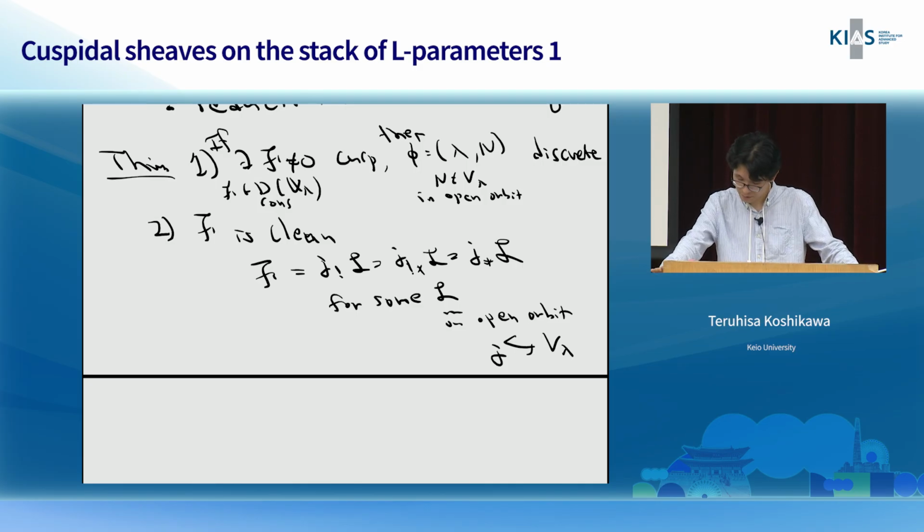Any other question? I guess I don't have much time, so I'll skip the example. But maybe Bertrand will tell you. Okay, so there is again an analogous notion of cuspidality on the cotangent stack.